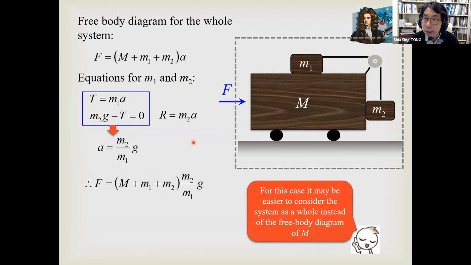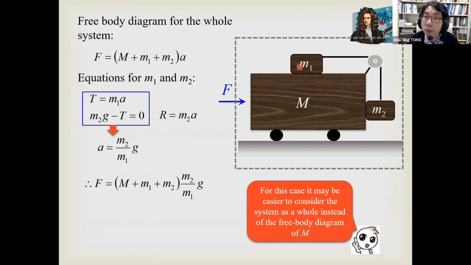Now for this case, it may be easier to consider the system as a whole instead of the free body diagram of M. You might be tempted to isolate these free bodies M1, M2. We did it for M1 and M2, but not the trolley M, right?